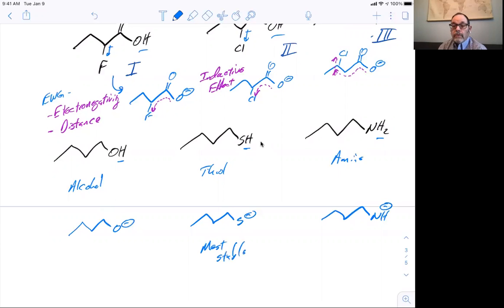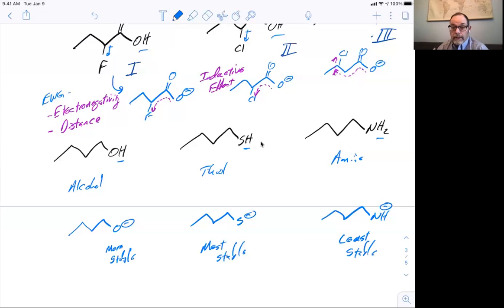And it's the most stable because it's in the same period as oxygen, but it's further down, so it actually has more electrons. With more electrons, a bigger orbital, it's going to be more stable. It has a better way of polarizing that negative. And then if we look at our nitrogen versus our oxygen, they're in the same row, but in different columns. The oxygen is going to be more stable than the nitrogen.